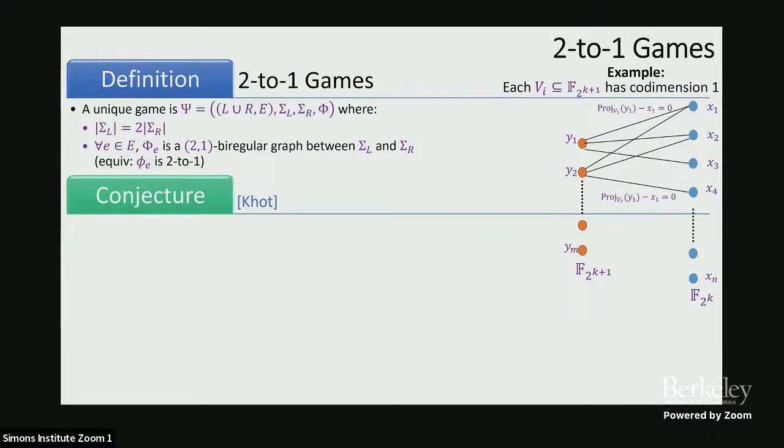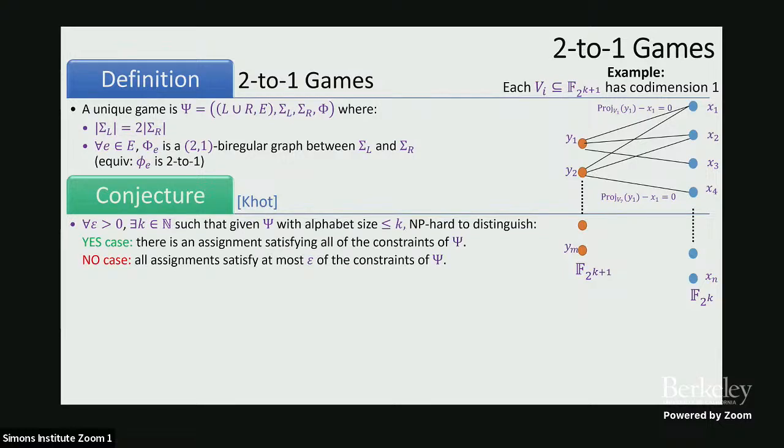2-to-1 games have also been proposed by Khot, and he conjectured that they are also hard. And if you notice, now we don't have this satisfiability issue, because when you do the propagation algorithm, it no longer works. So you can be optimistic about 2-to-1 games and hope that maybe they are hard even in the yes case, where we're asking to satisfy all of the constraints, and in the no case, we ask not to satisfy even an epsilon fraction of the constraints. Formally speaking, this is what is called the 2-to-1 games conjecture.